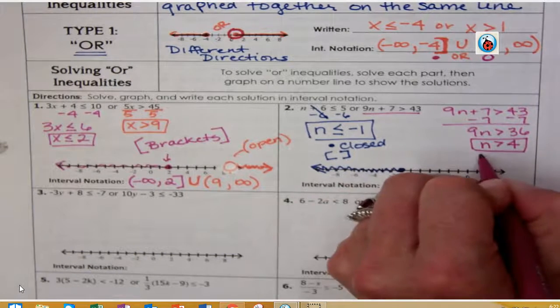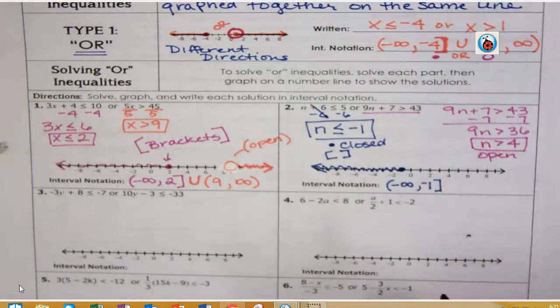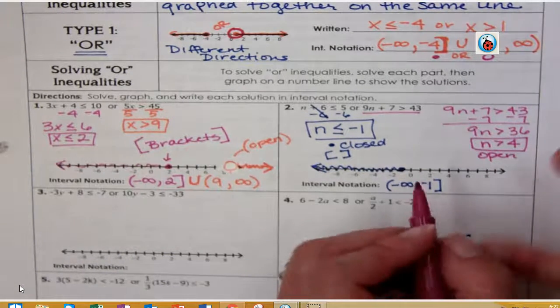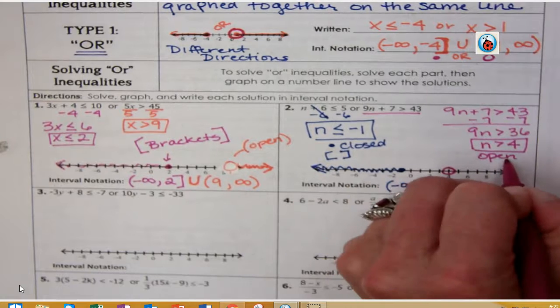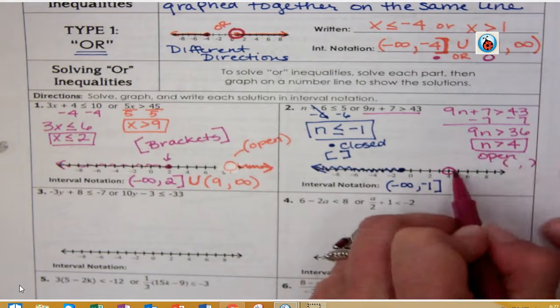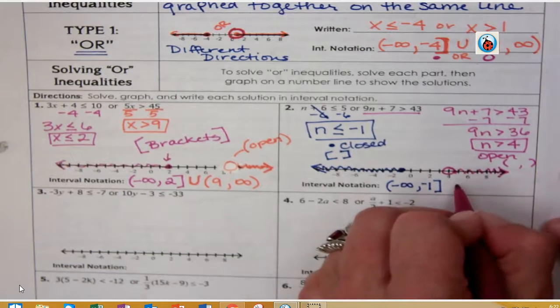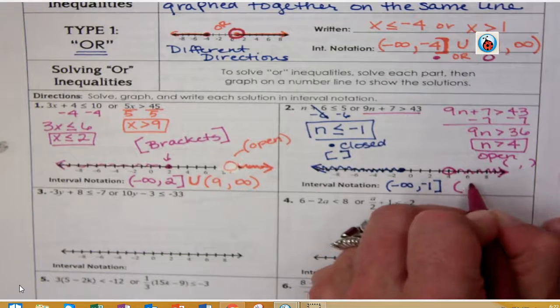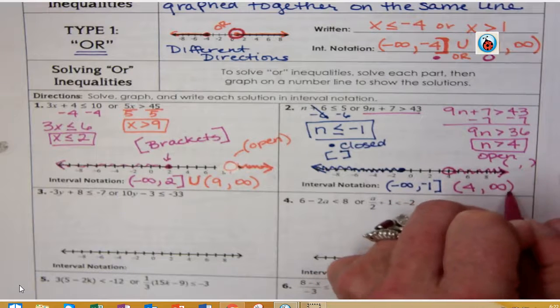So now we have an open dot because it's not equal to, it's just greater than. So we're going to use an open dot, which is parentheses, and it's all the numbers bigger than 4, so 4 up to infinity.